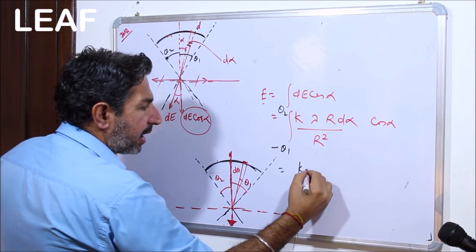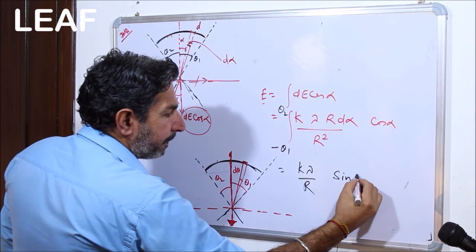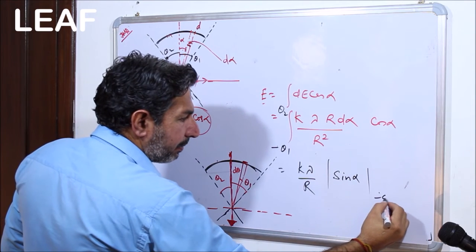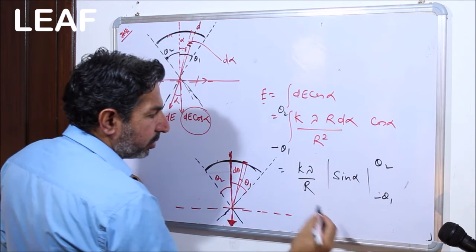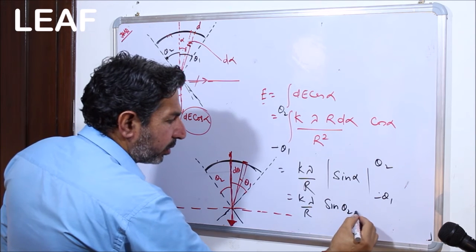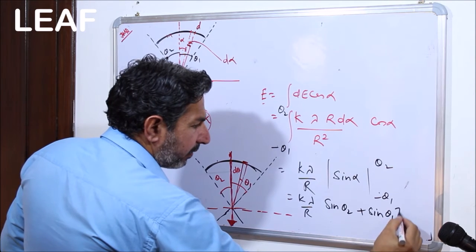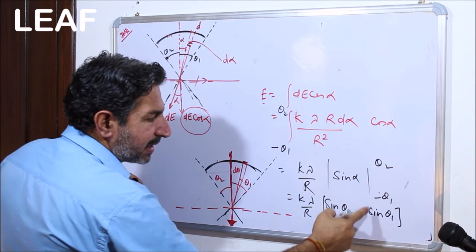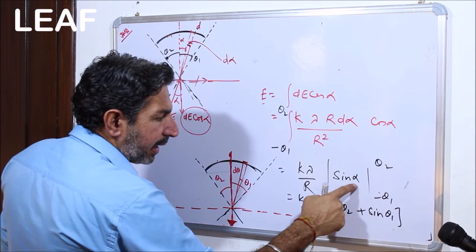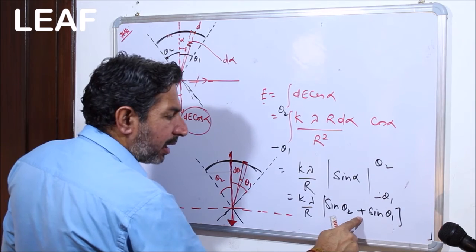So it is k lambda by R, cos alpha integrates to sin alpha, and now the limits minus theta 1 and theta 2. So just put down the limits. It is sin theta 2 plus sin theta 1, and why plus? Because a minus is involved, and alpha can be replaced by minus theta 1, so overall two negatives will make a positive.